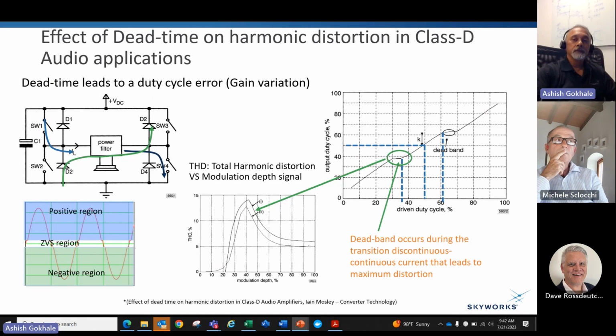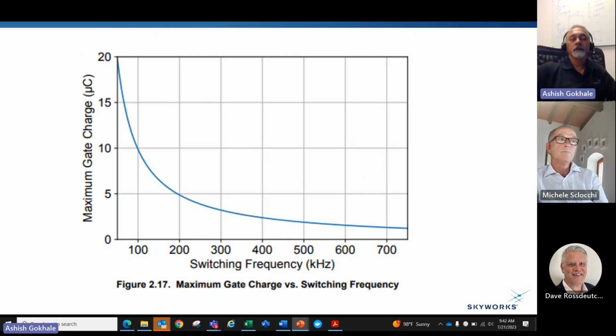Yeah. Now that's a really incisive question. So I'm going to throw this graphic up, and we'll explain that in just a minute. But you're right. Usually drivers have some curve like this in the data sheet, or they have it in the electrical specification tables.